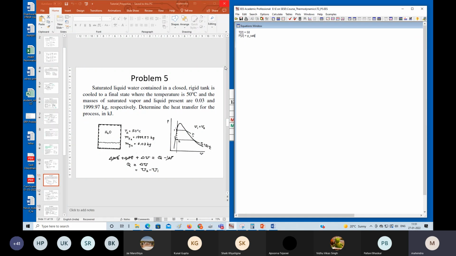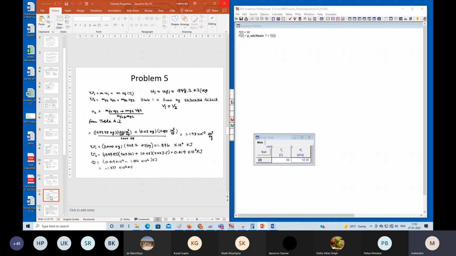This is steam, that's what the property means, fluid is steam, then T equal to T2. Then let us see, at every case you can run it. How much are we getting? 12.35 kilopascal, is it?